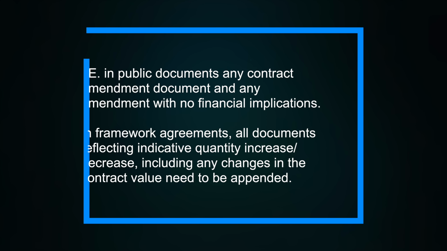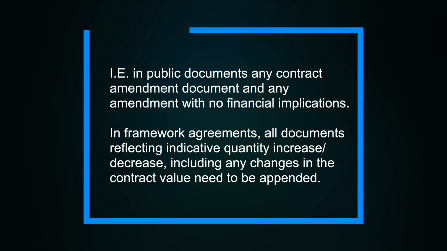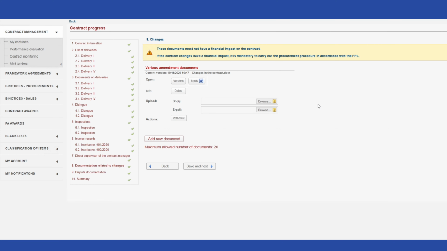That is, in public documents, any contract amendment document and any amendment with no financial implications. In framework agreements, all documents reflecting indicative quantity, increase, decrease, including any changes in the contract value, need to be appended. To continue to the next step, click on the Save and Continue button.